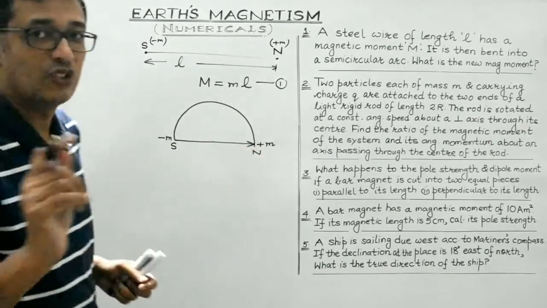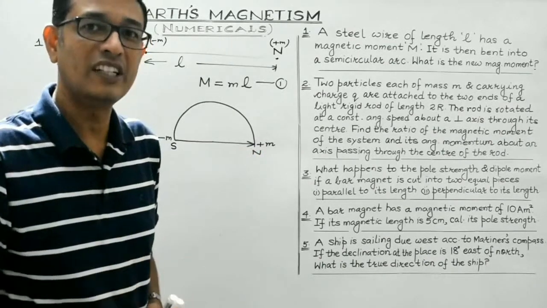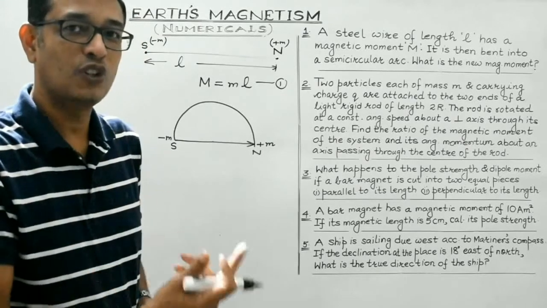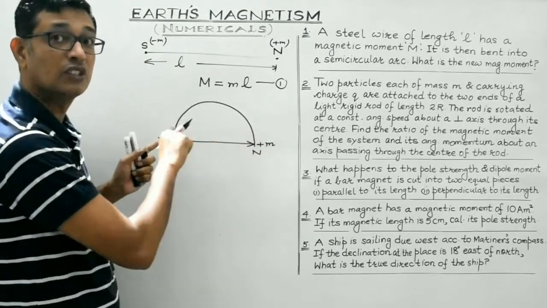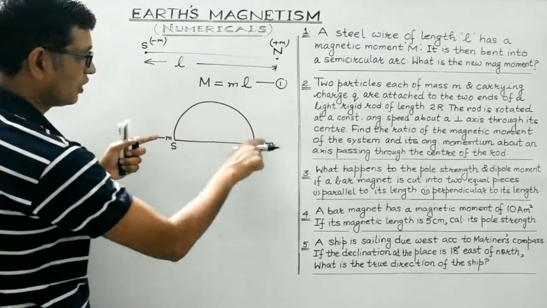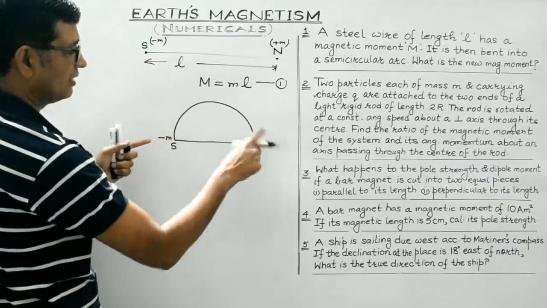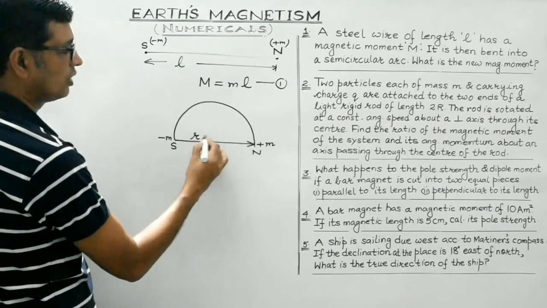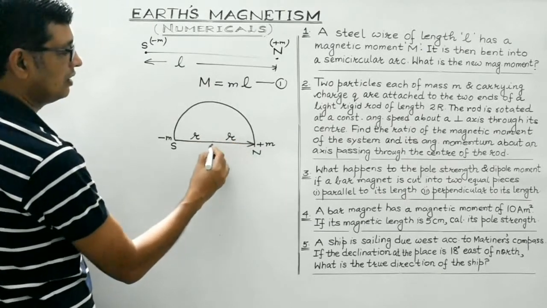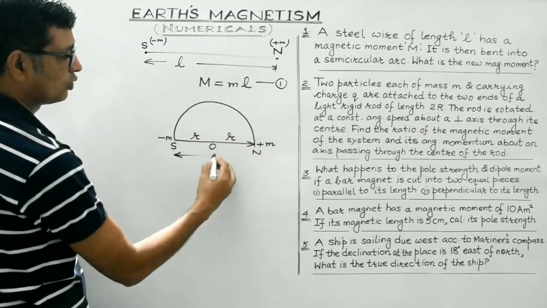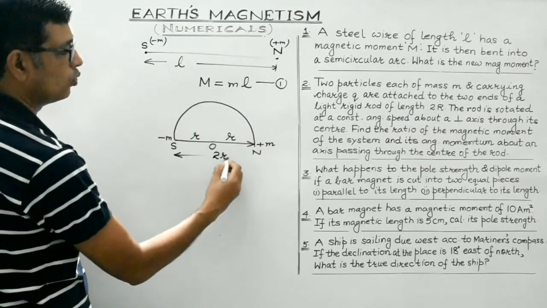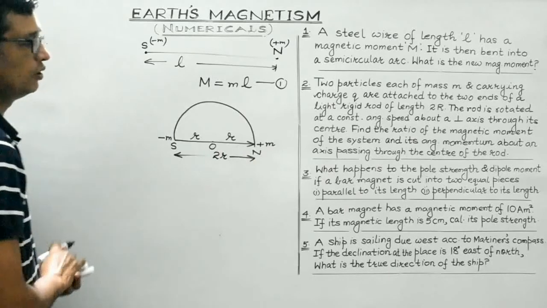Magnetic length, students, as you are aware, is a vector quantity directed from south to north. So it is the minimum distance in a particular direction from south to north. So this one will be the magnetic length in this case. If the semicircular arc is of radius r, then the distance between these two poles, or rather the magnetic length, would be 2r, directed from south to north.